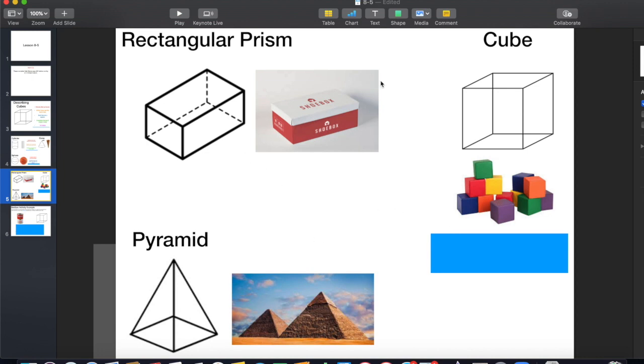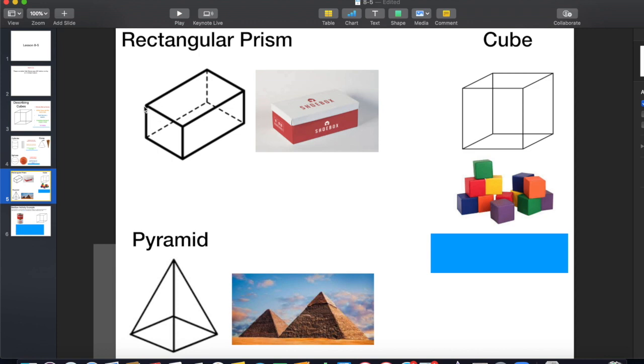A rectangular prism and a cube have a lot in common. They both have 8 vertices, 4 on the top, 4 on the bottom. They both have 6 faces, 2 on the side, 4 all around. They both have 12 edges. And in this rectangular prism, some of the faces are rectangles.